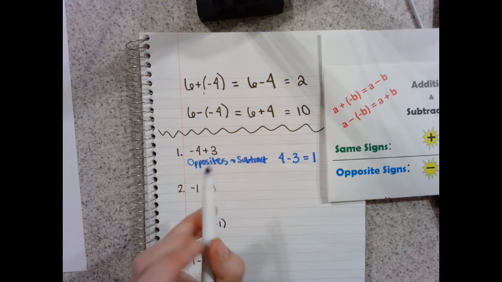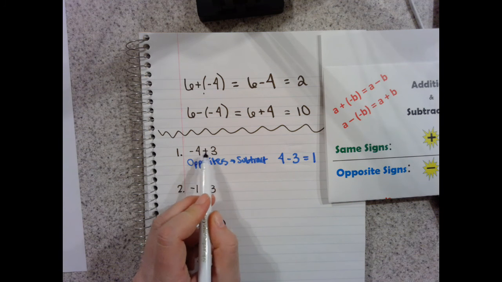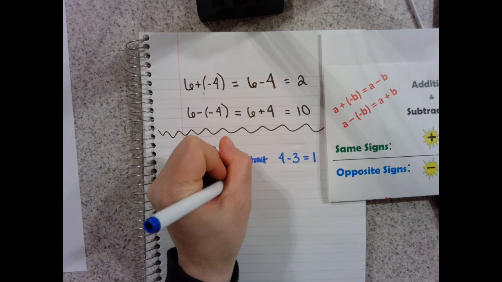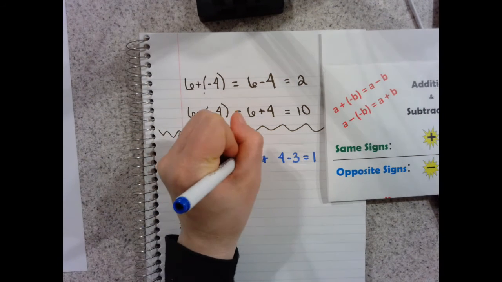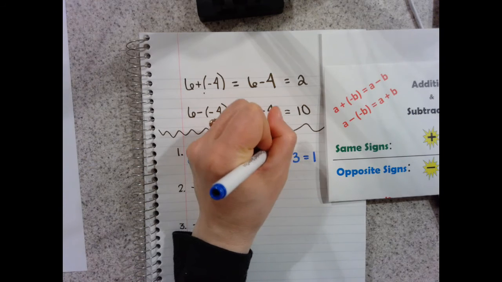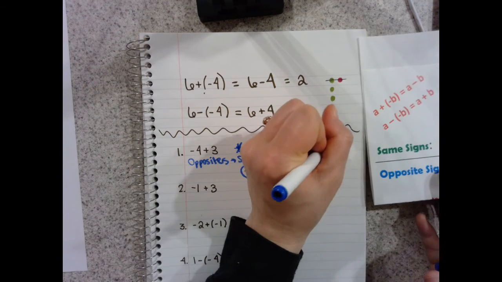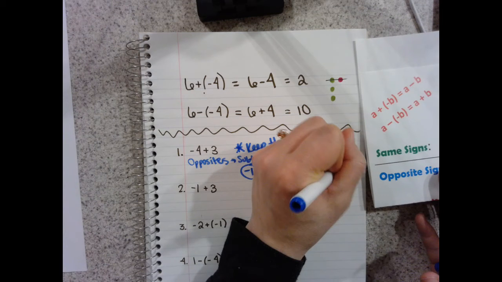And then you always keep the sign of the larger number. 4 is larger than 3, and 4 is negative. So my answer is going to be a negative 1. You always keep the sign of the larger number.